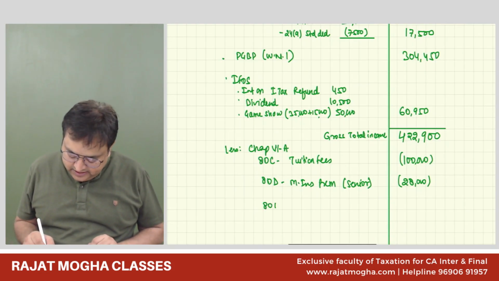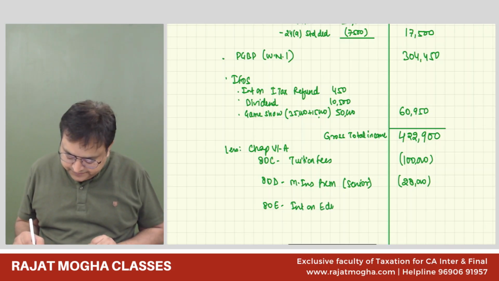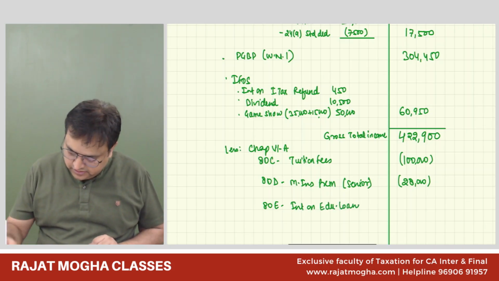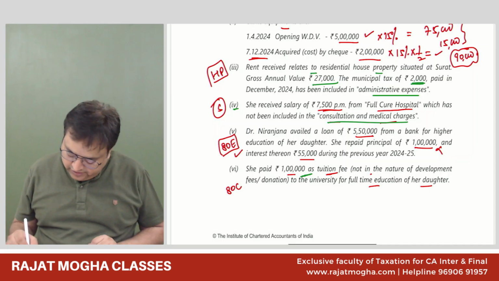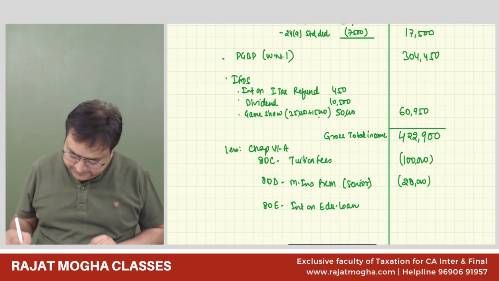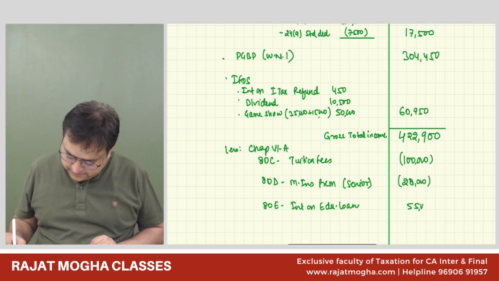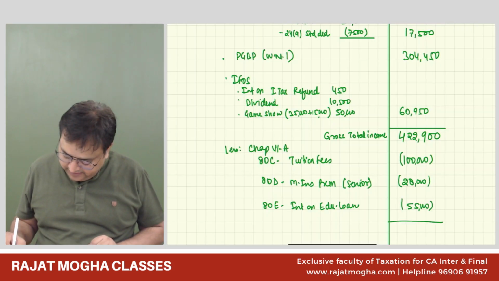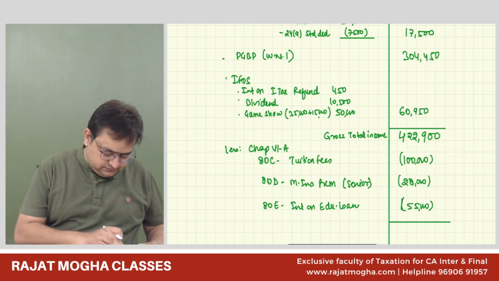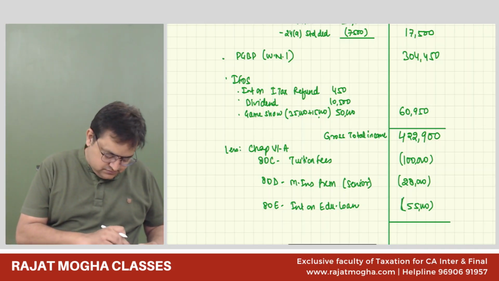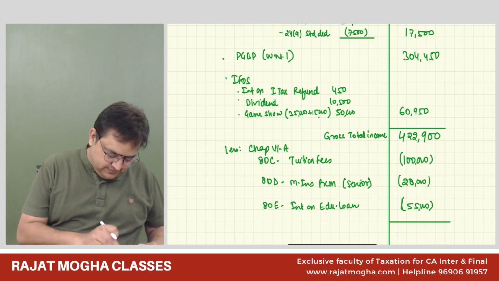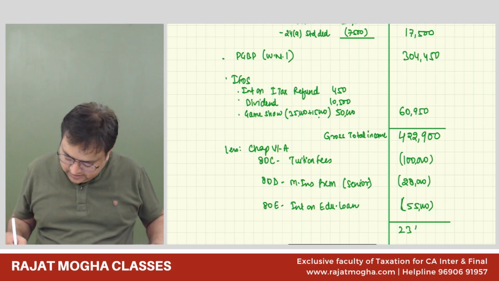And 80E, that is interest on education loan, so it was 55,000, that we have already discussed. So the total income is 2,39,900.